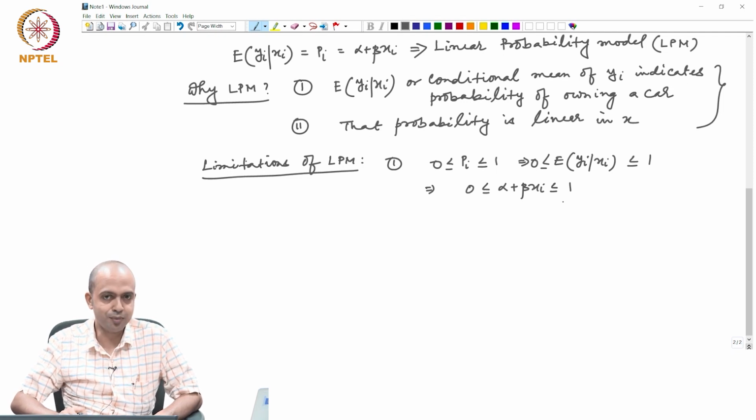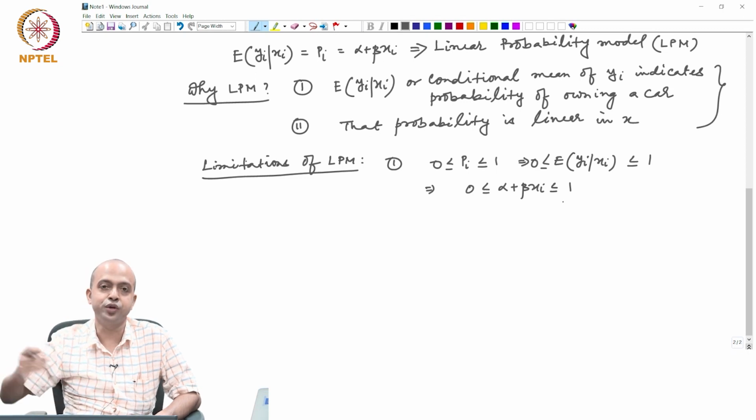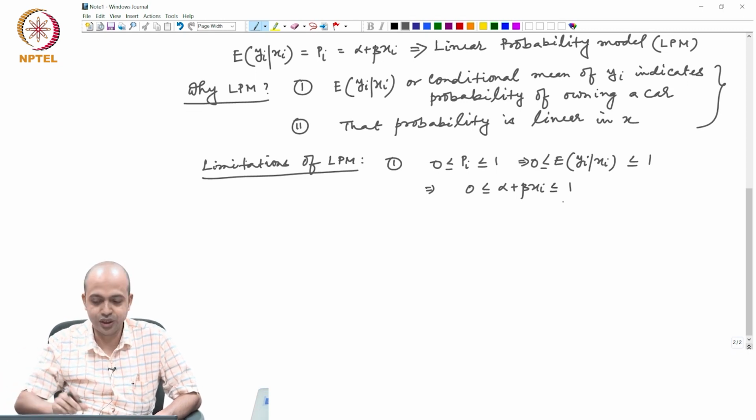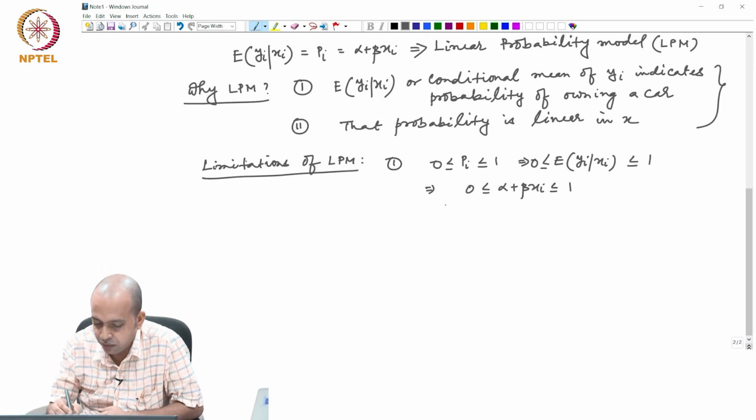So the probability of owning a car will keep increasing as x increases, since it is a linear probability. It may so happen that at some point your probability goes beyond 1, since you are calculating probability with a linear function.